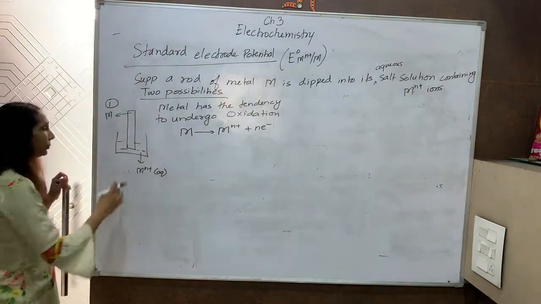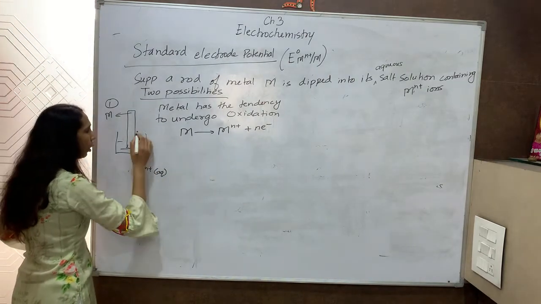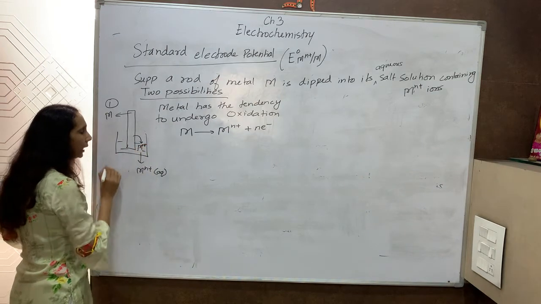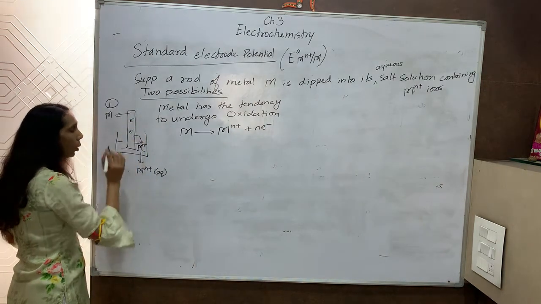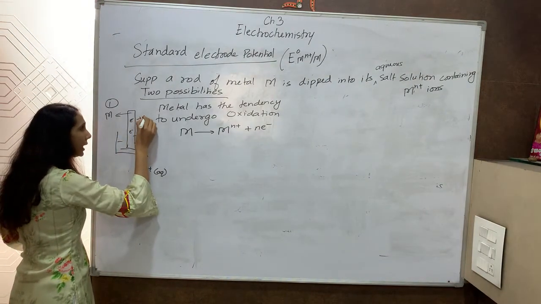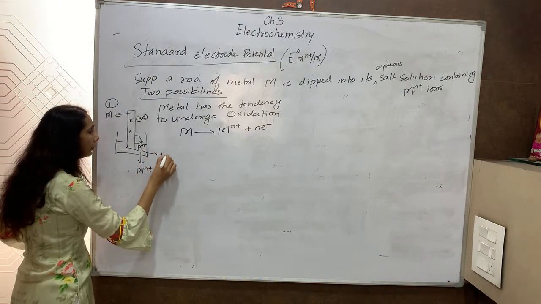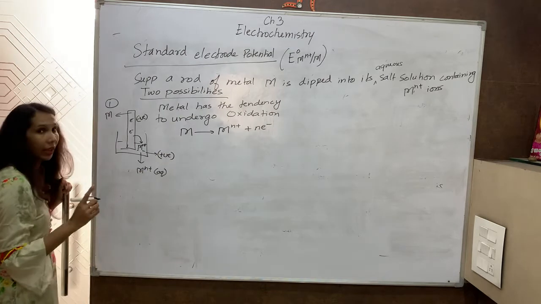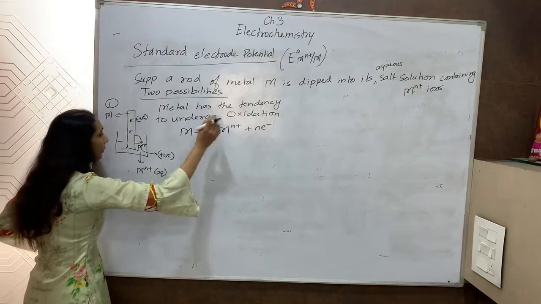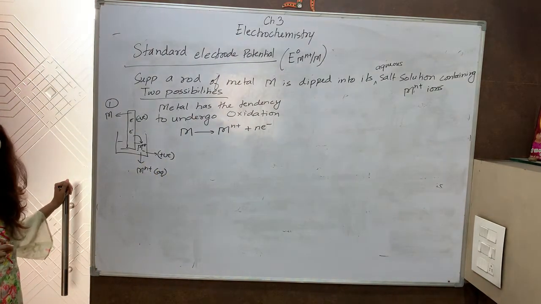So what will happen? This is your rod of metal M. It will change into Mn+. Mn+ will go in the solution, leaving the electrons on the rod. So the rod will become negatively charged and the solution will become positively charged. Again I am repeating, M is oxidized because we have considered the first possibility that it has the tendency to undergo oxidation.